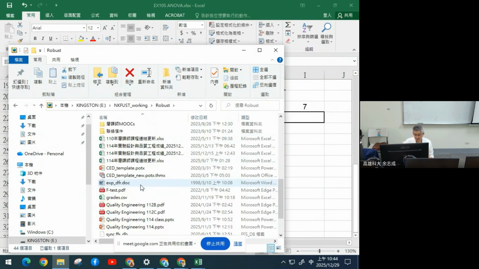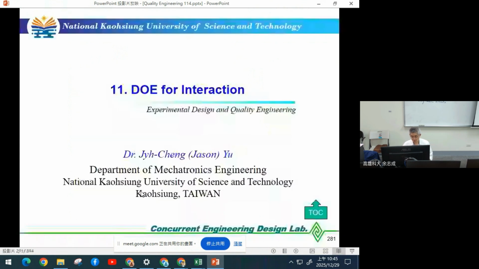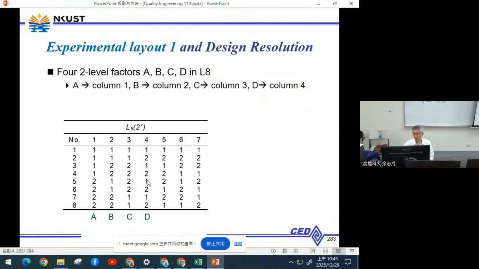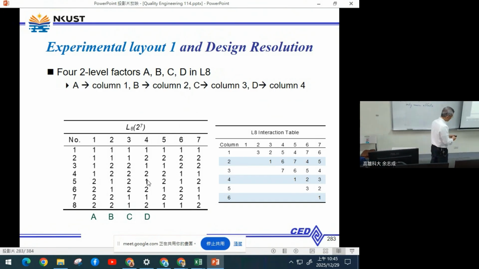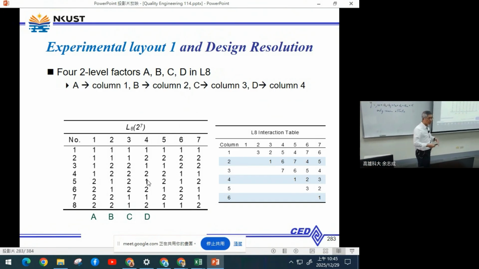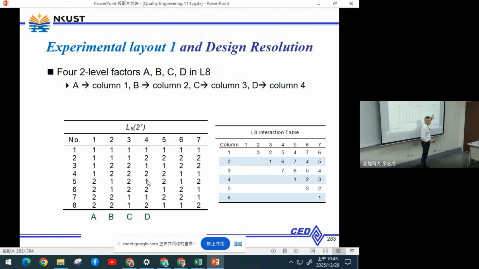There's an interaction table. For L8, the interaction table is this one. So once we arrange our factors in L8, we can use this interaction table to find out the confounding structures.